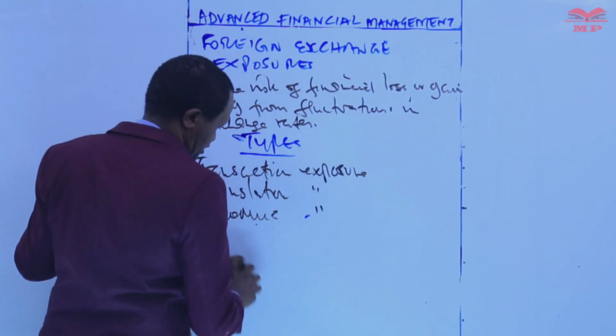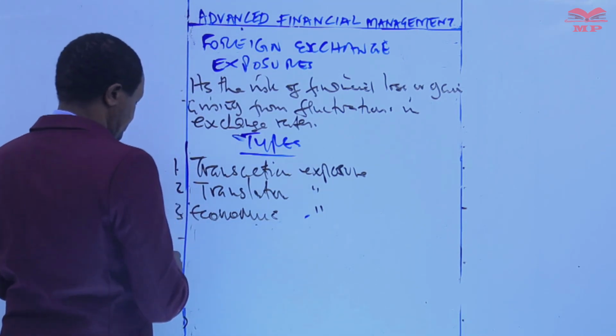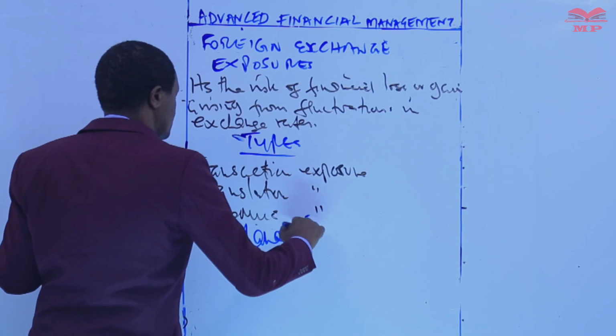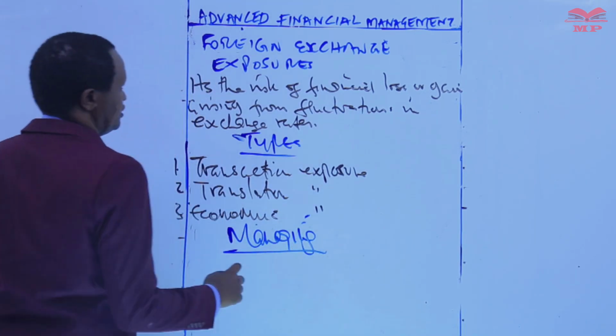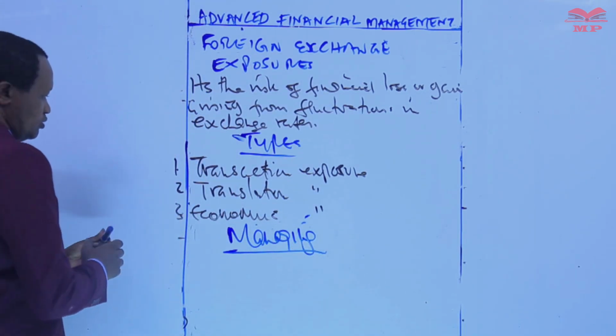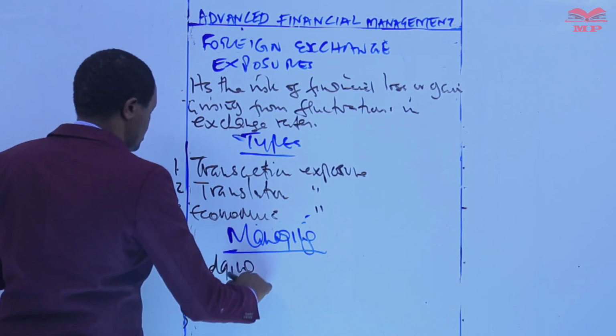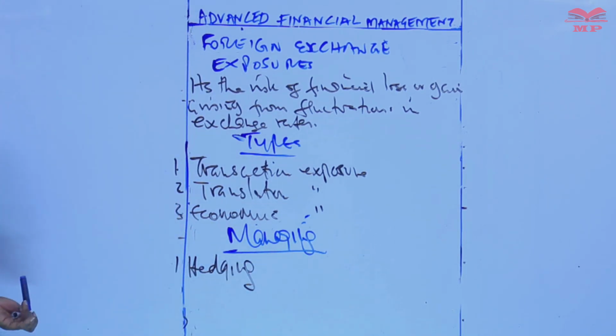One way is through hedging. Again, we'll be looking at illustrations on how to hedge. That means using instruments like forward contracts, futures, options, swaps in order to offset the foreign exchange risks.